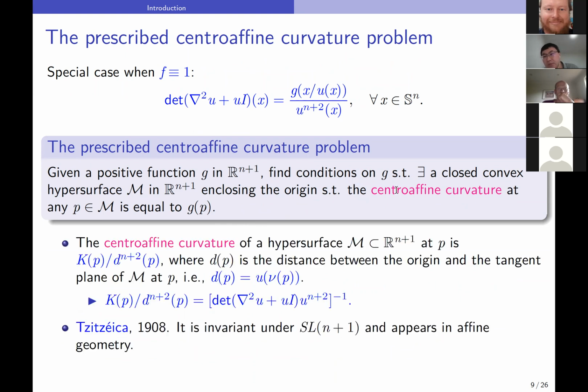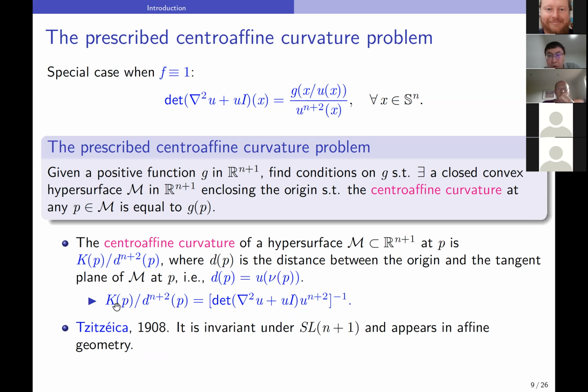So what is the centro-affine curvature? The centro-affine curvature of a hypersurface M at any point P is equal to the Gauss curvature K_P over d to the n+2, where d is the distance between the origin and the tangent plane of M at point P. In other words, d_P is just equal to the support function u of nu_P.